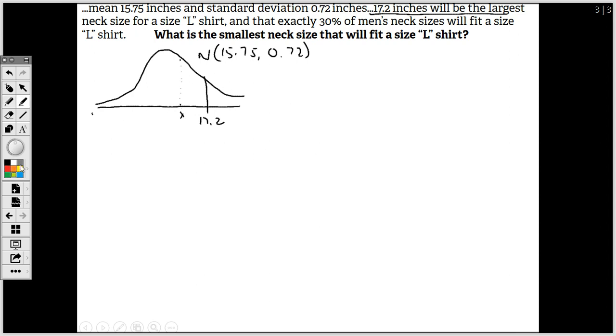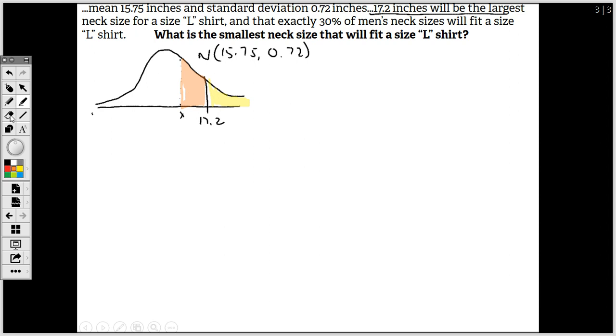We can find the area all the way to the right of the curve, normal CDF from 17.2 to 9999 with this mean and this standard deviation, and then we can add in this orange 30%.